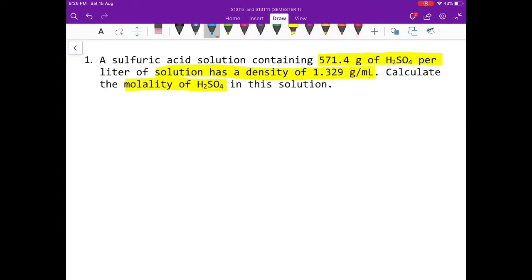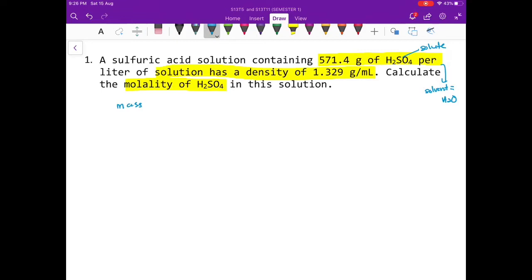So we are given the solution. It says the solution contains 571 gram of sulfuric acid per liter. In 1 liter of solution we have 571.4 gram sulfuric acid. Sulfuric acid is our solute, and of course our solvent is water, and the solution is sulfuric acid solution.